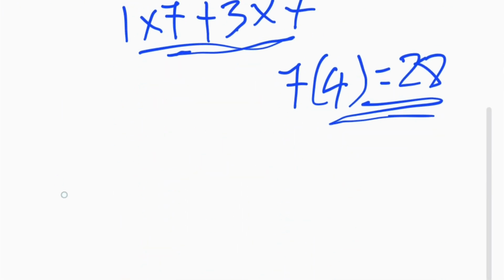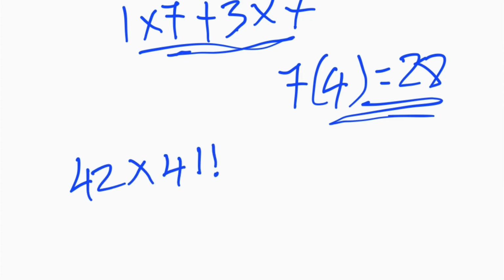So we have 42 times 41 factorial plus 41 factorial. So how can we rewrite this using the distributive property? That is the problem.